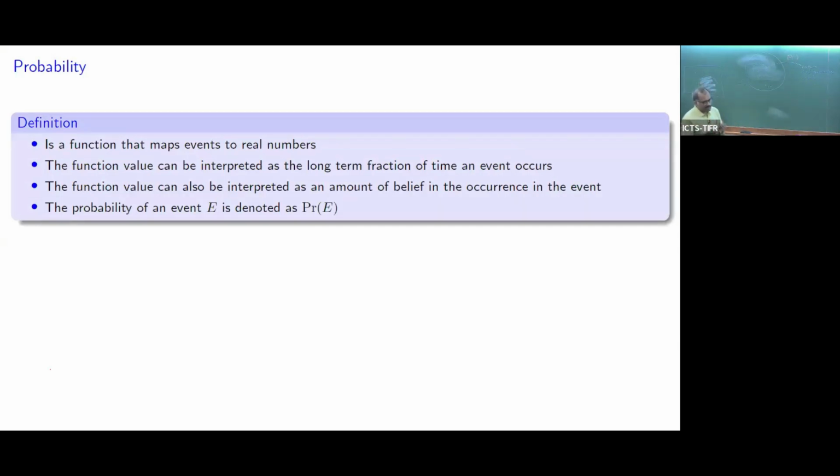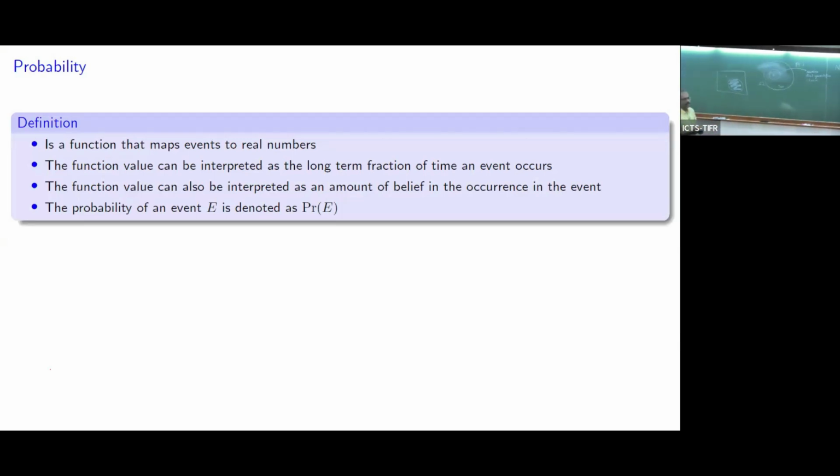And we can think about this probability in two ways. One is a more subjective way. You can think about this value that the function maps to as something like the amount of belief that you have that the outcome or the event that you are seeing will occur. So this is very subjective. For example, you might strongly believe that this number is 2.